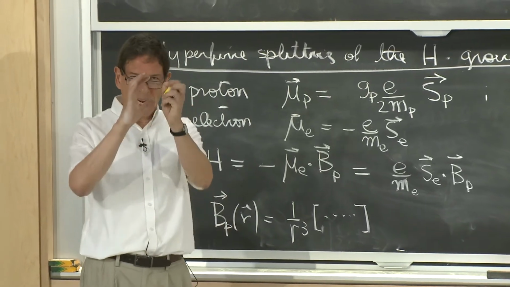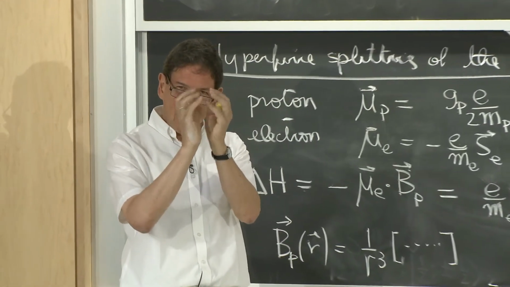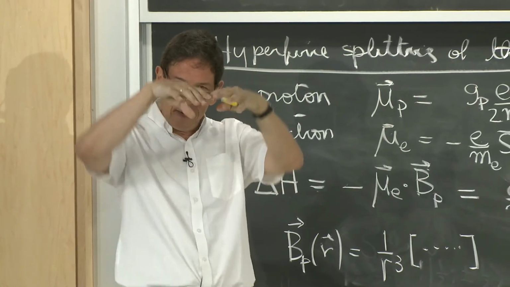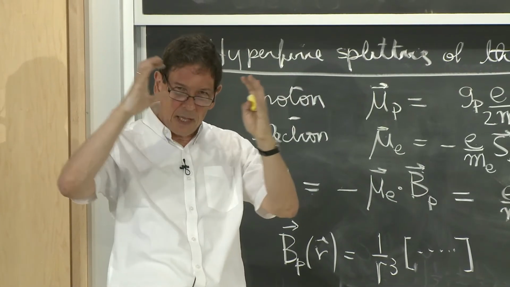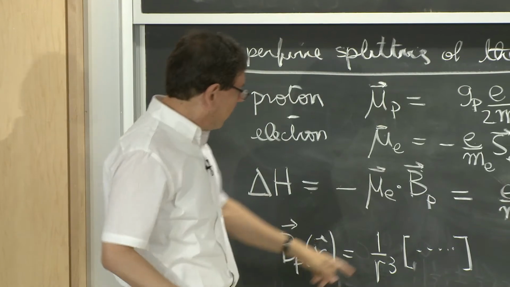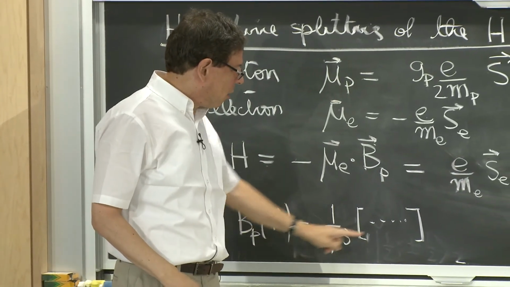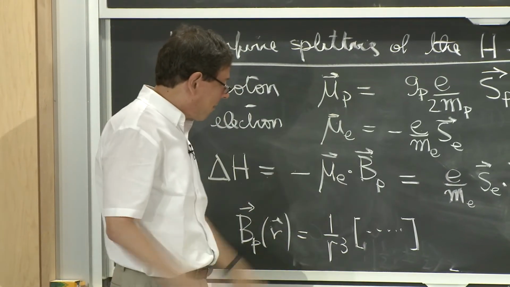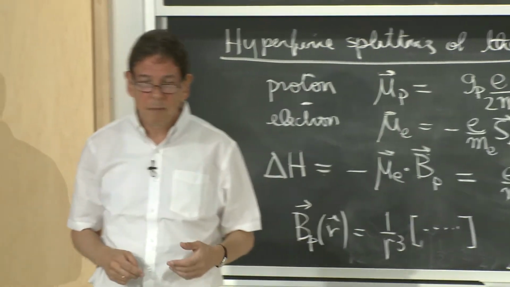This extra delta function can be understood intuitively by producing this dipole by a little sphere of charge that is rotating. You calculate the magnetic field outside, and the limit as the radius goes to 0. The magnetic field outside looks like this term here that I didn't quite write, but you can find in any book.